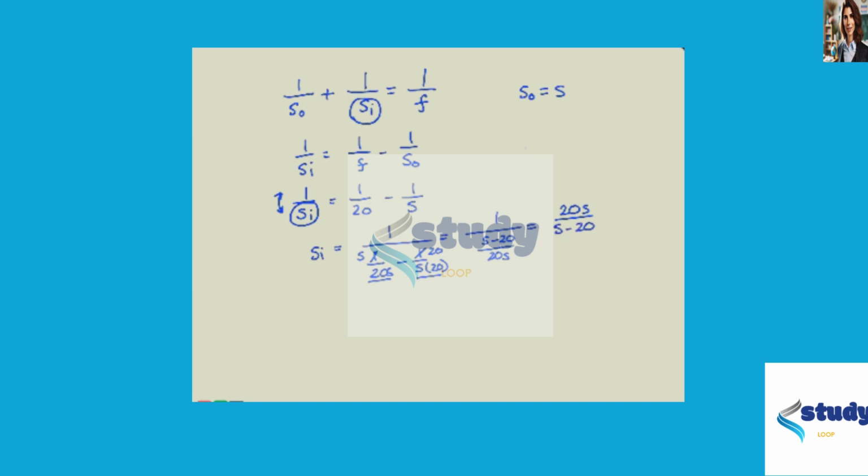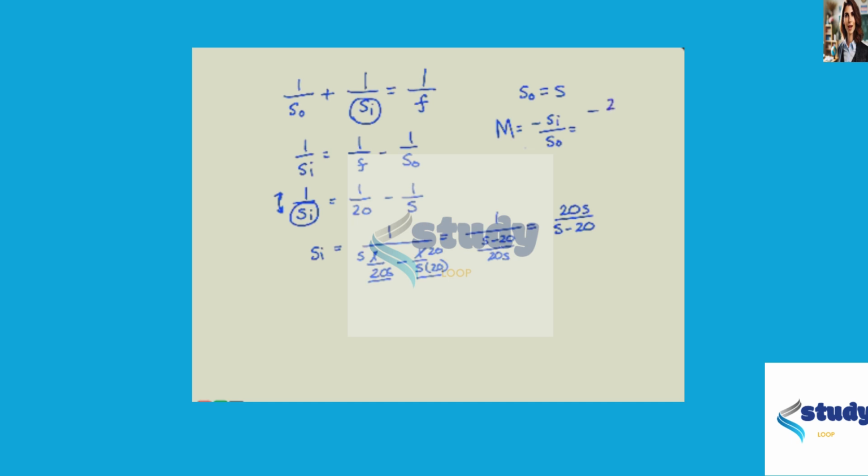Okay, and that is our SI, but the problem was asking us to solve for an equation for magnification. So our magnification is negative SI over SO. So again, this is SI, so I'm going to plug this in.